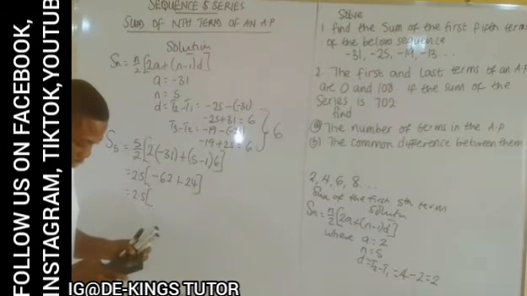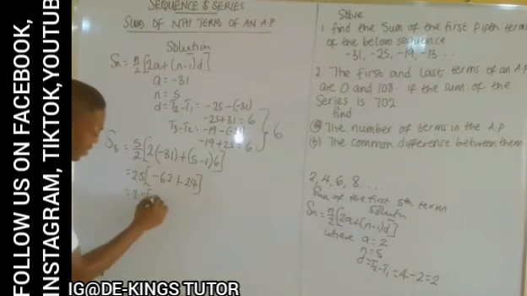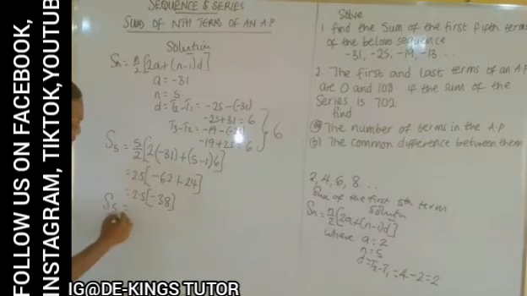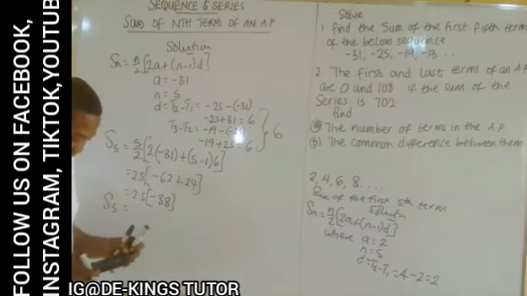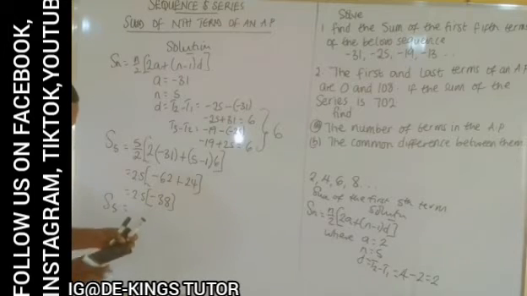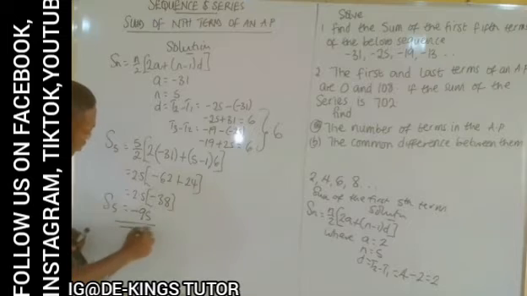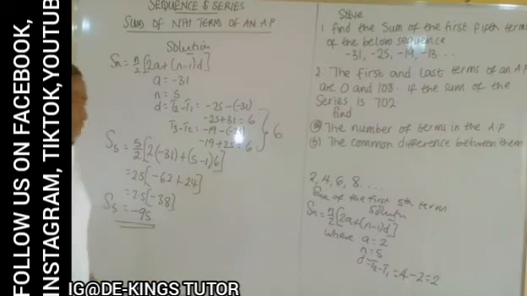That gives us minus 38. Minus 38 times 2.5 will give us minus 95. So the sum of the first five terms is minus 95.